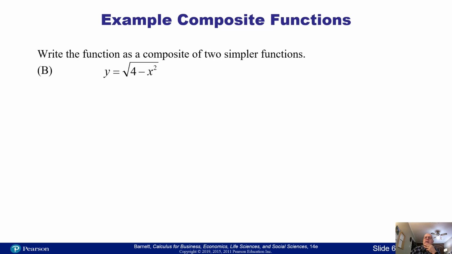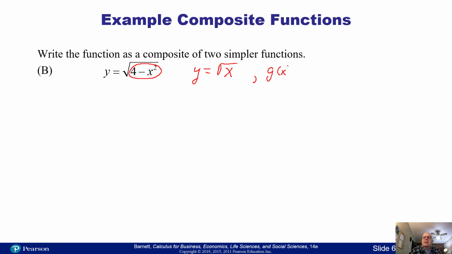Two simpler functions. Okay. The inside function is what would be done first if someone actually gave us the x. We'd have to finish this before we took the square root. So the square root, being the second thing we would do, is the outside function.